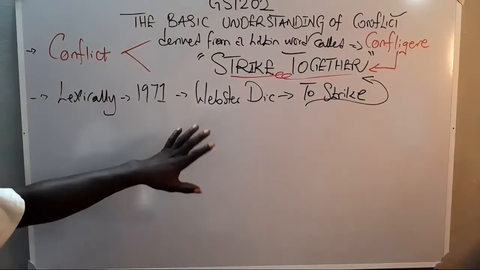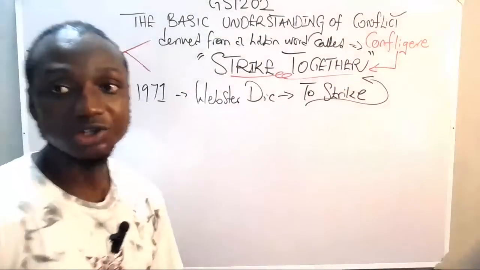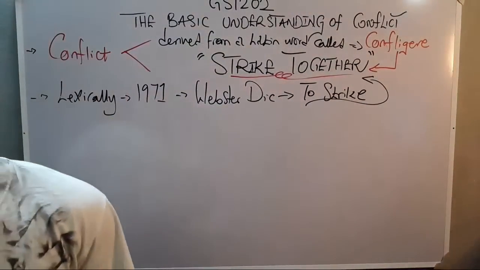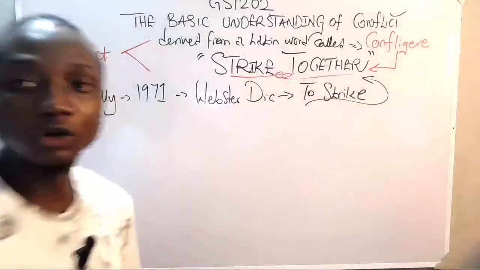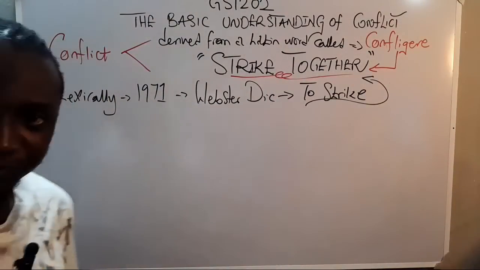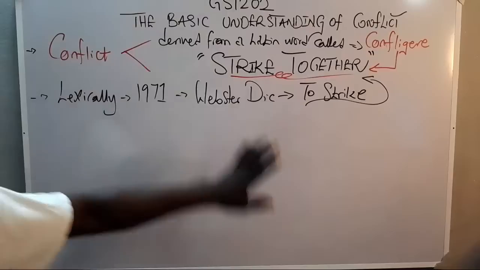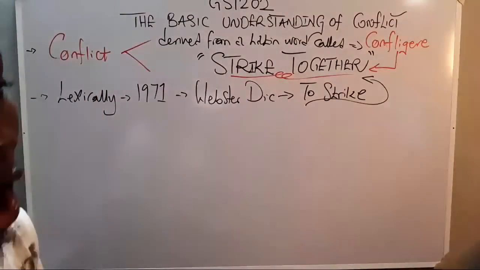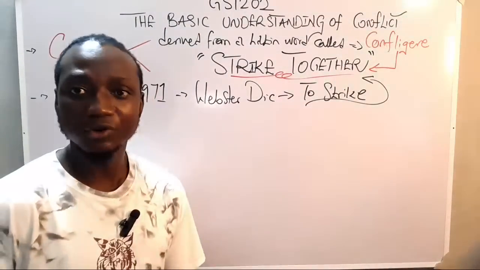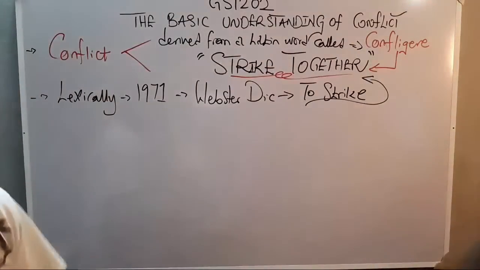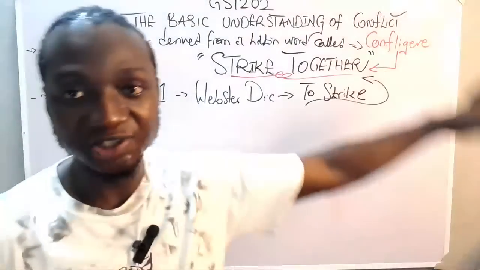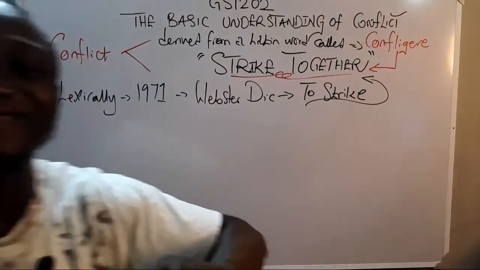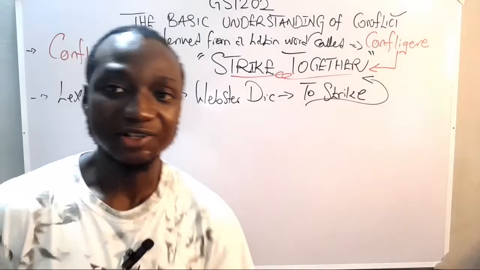Now let's pay attention to this process, because as we continue, we get to understand why the word conflict, what makes it conflict, and how important it is. Are all conflicts destructive? Do we have conflicts that are constructive? All this we'll get to understand as this course itself, GST202, is dedicated to understanding the term conflict.